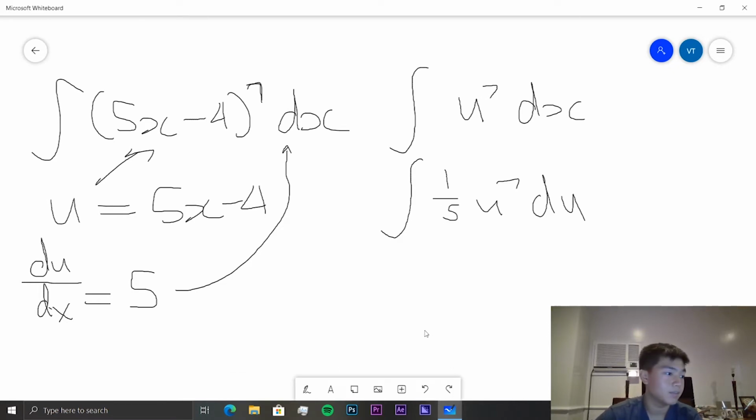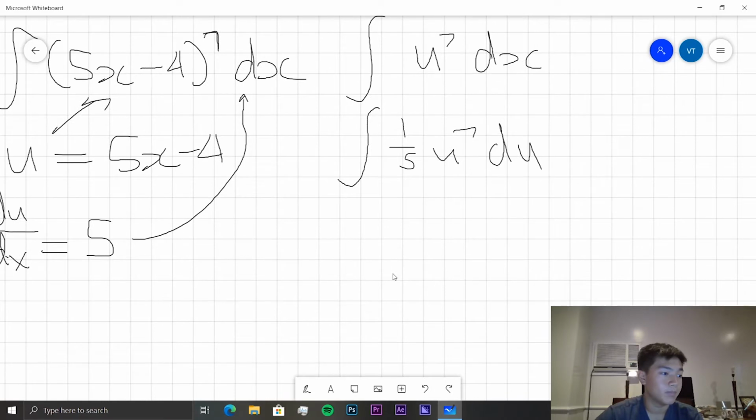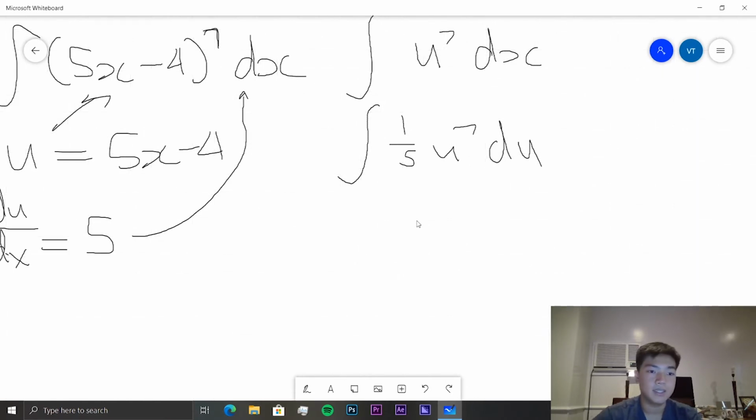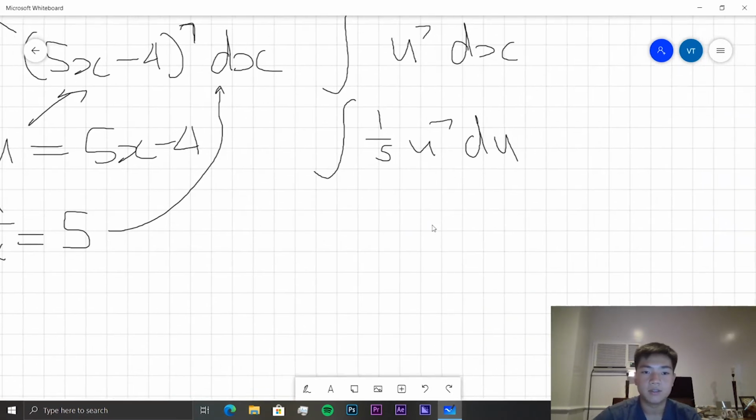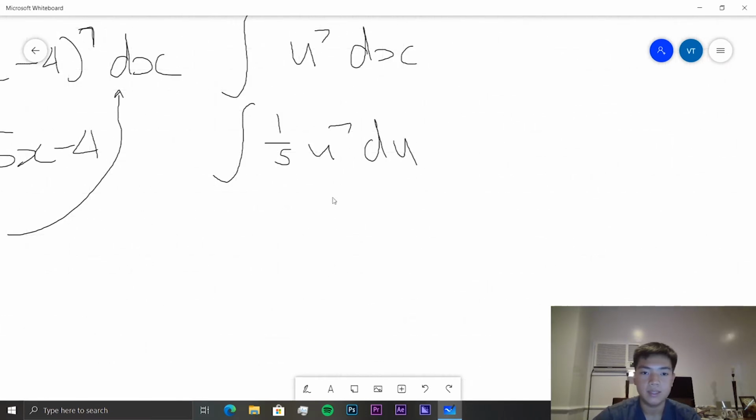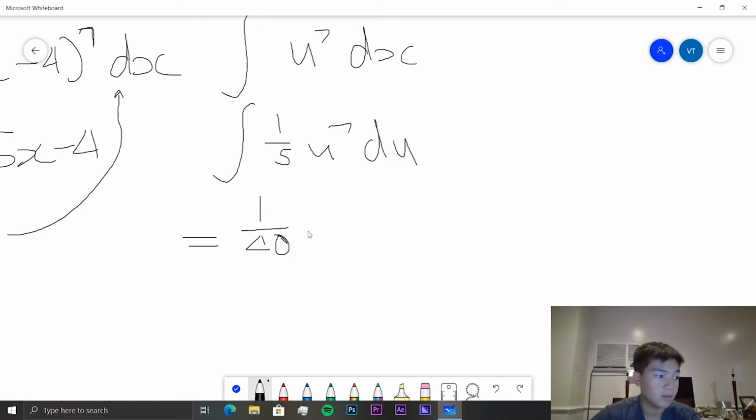And so in this case, we get the integral of 1/5 u to the 7, which is equal to 1 over 40 u to the 8 plus c. I don't know why the book says negative 1 over 40. I think they're a bit mad. Yeah, it's just 1 over 40.